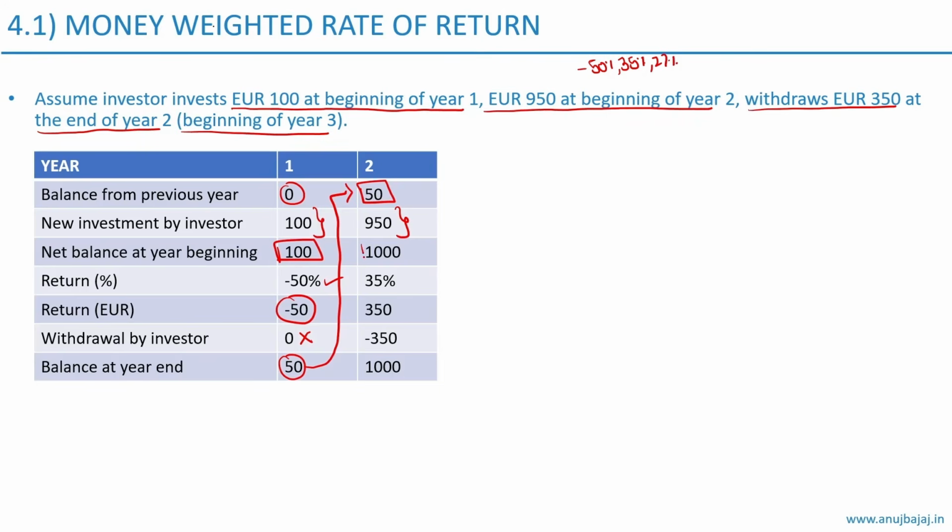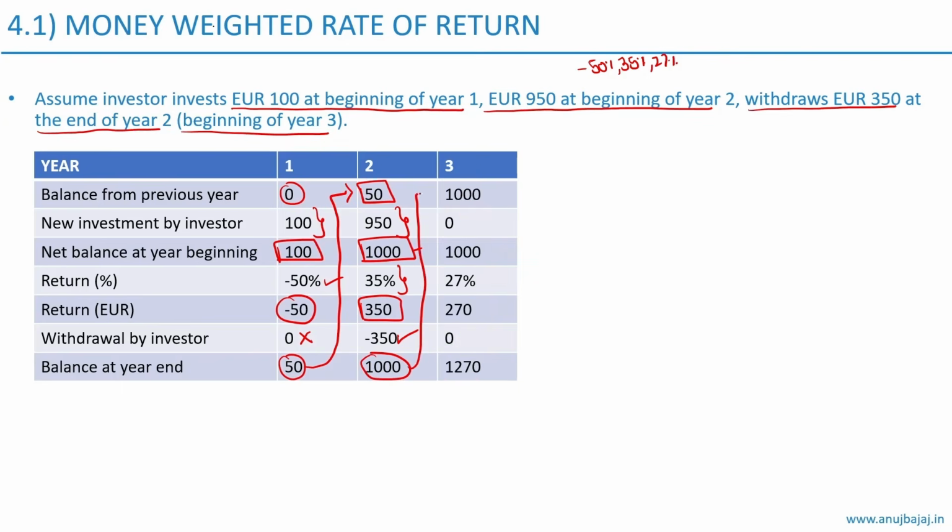Hence, the net balance at the second year's beginning is 1000 euros. During year 2, the return was 35%. So on 1000 euros, the portfolio earned a return of 350 euros. The investor withdrew the 350 euros at the end. So the portfolio is left with 1000 euros.